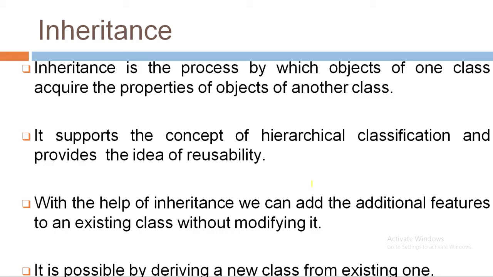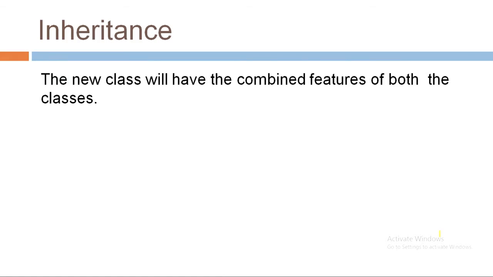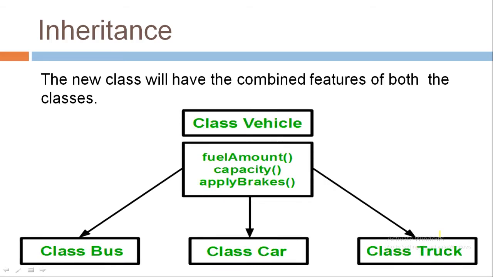With the help of inheritance, we can add additional features to an existing class without modifying it. That means we may have an existing class and we want to add more features to that old class, then we can just add these new features to the old existing one. It is possible by deriving a new class from the existing one. The new class will have the combined features of both the classes.